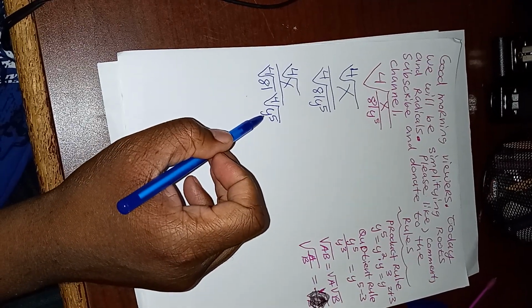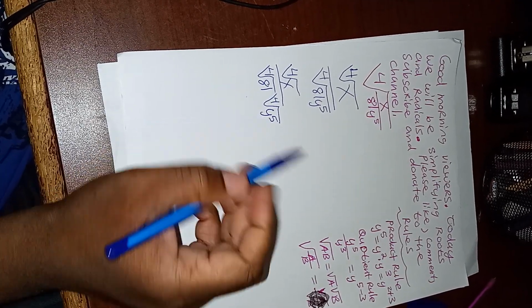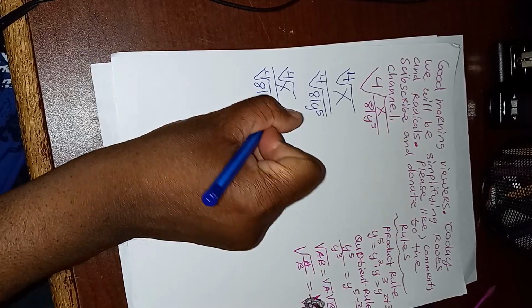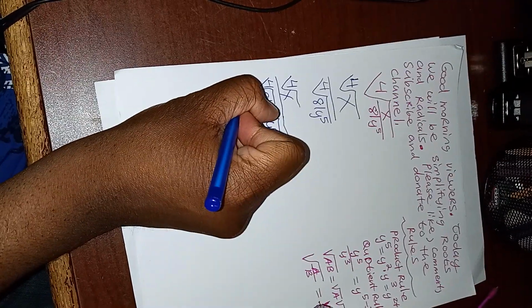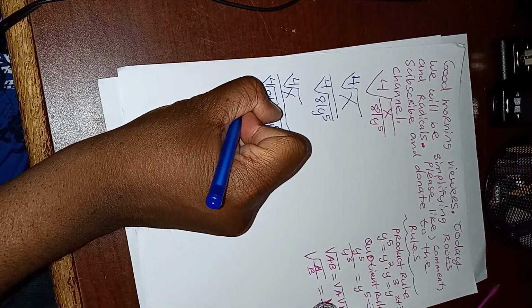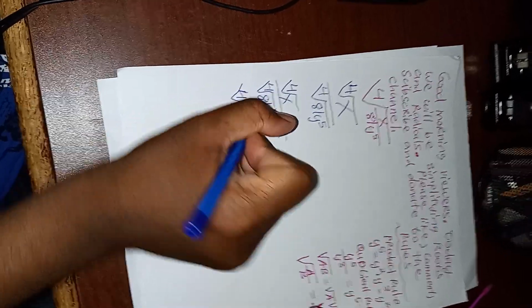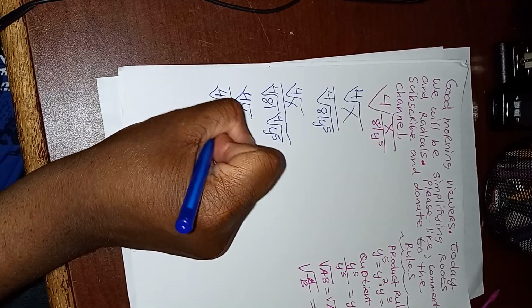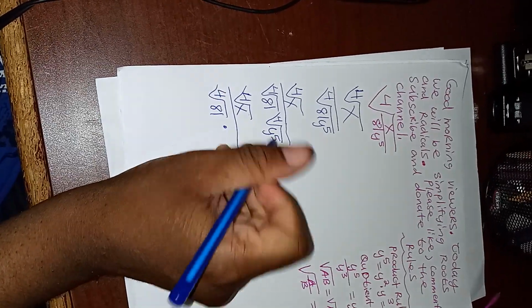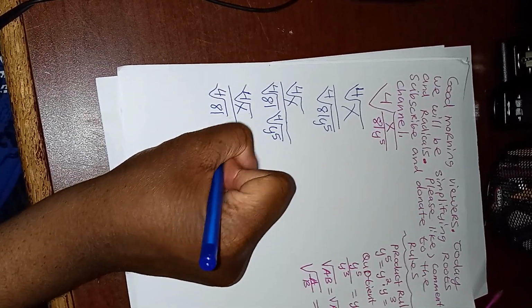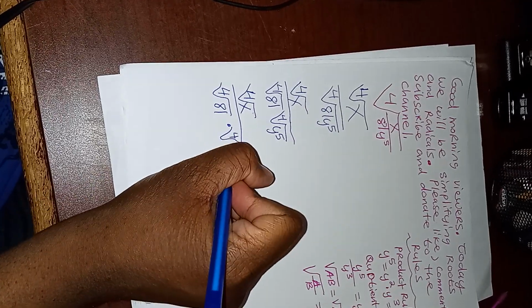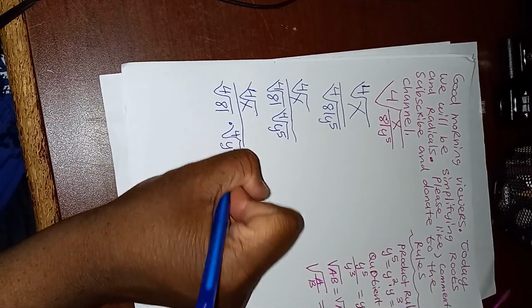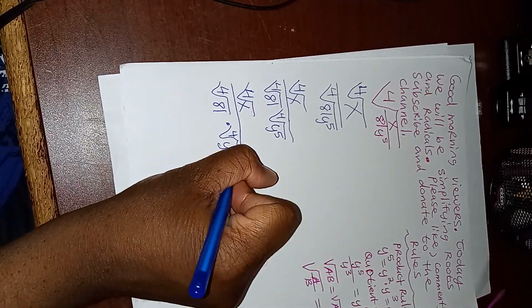Again, y to the fifth is equal to y to the fourth times y to the 1. So this becomes the fourth root of x divided by the fourth root of 81 times the fourth root of y to the fourth times y to the first.